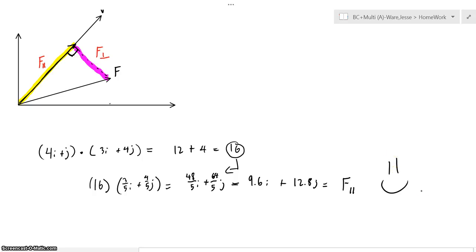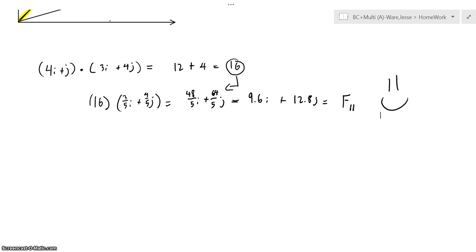That's only part A, so moving on to part B, which asks us to find f perpendicular. Because we already found f parallel, finding f perpendicular is going to be relatively easy. We can use the definition that f, in this case, is equivalent to f parallel plus f perpendicular.